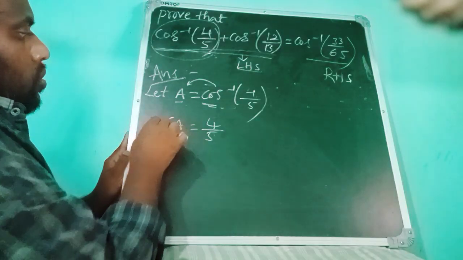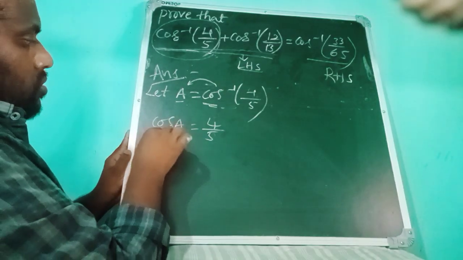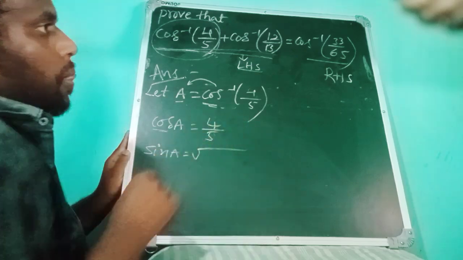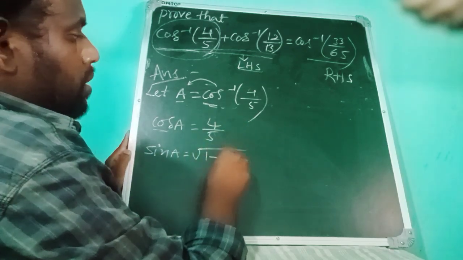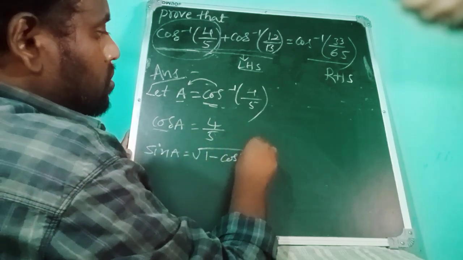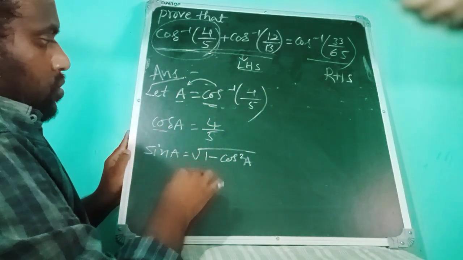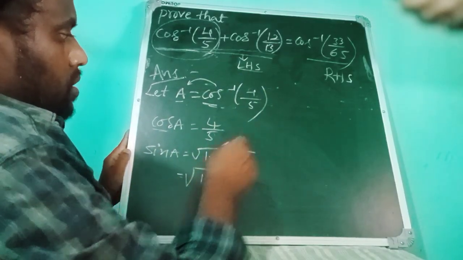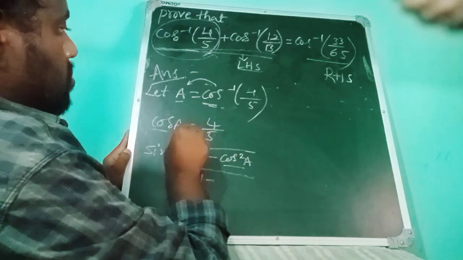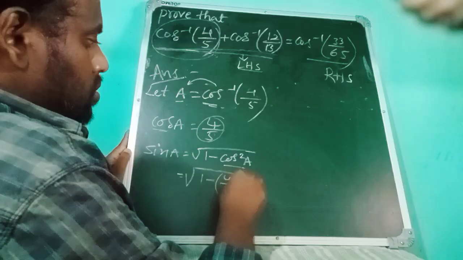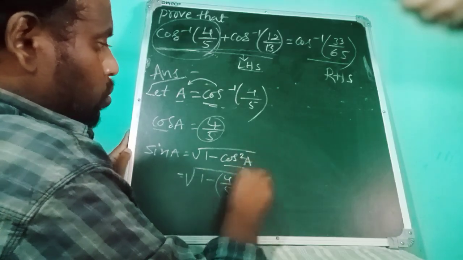Now we have a formula, sin A is equal to square root of 1 minus cos square A. Using this formula you can find sin A. Substitute cos A, which is 4 by 5, but square is there, so whole square.